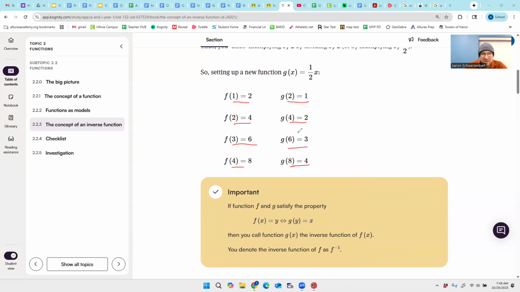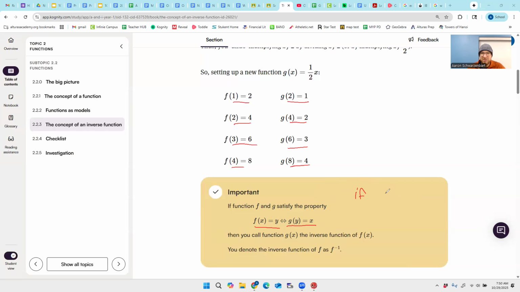A property of inverses. If f and g are inverses, so this is saying they go back and forth. That's one definition of inverse.